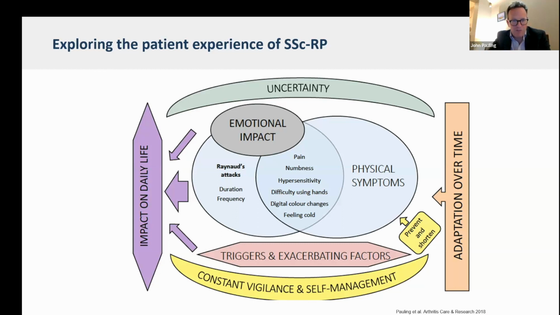But a lot of these symptoms exist when patients aren't necessarily in the midst of what we might consider an attack. So patients with scleroderma will experience coldness of their fingers, pain, some numbness, difficulty using their hands, even if the fingers don't have the well-demarcated color changes that might be used to classify or categorize a Raynaud's attack.